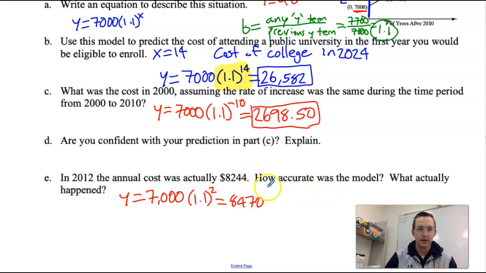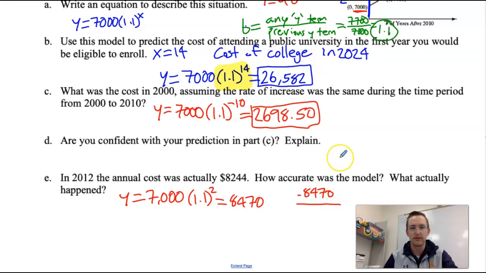So if the cost was actually $8,244, how accurate was our model? Well, let's take a look. This is our projection, $8,470. We're subtracting the actual cost, which was $8,244.